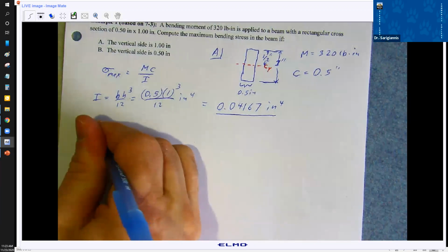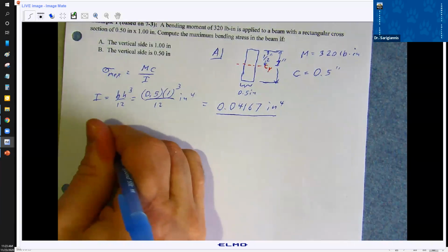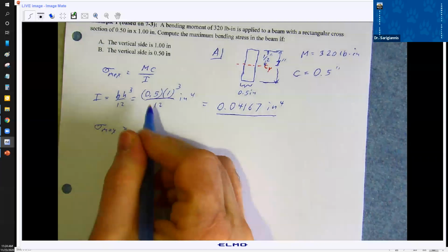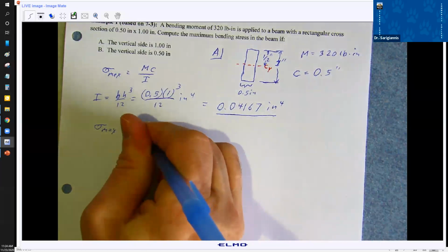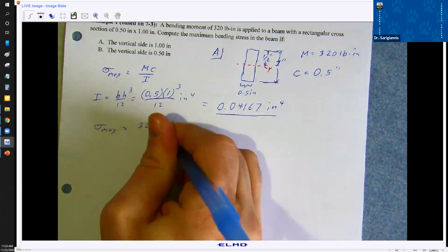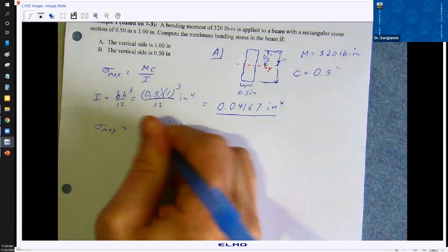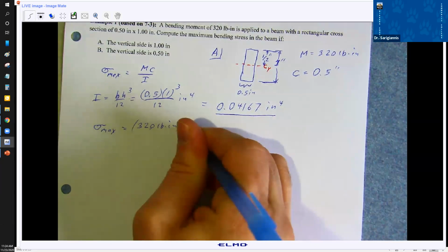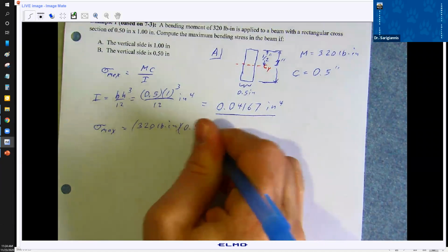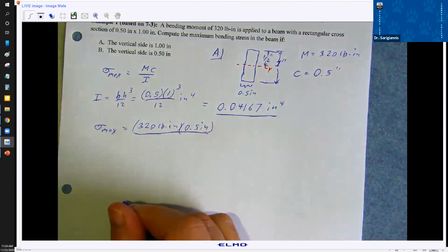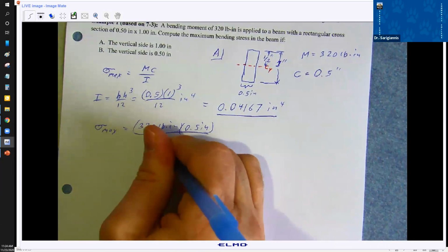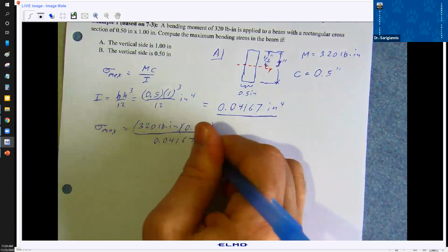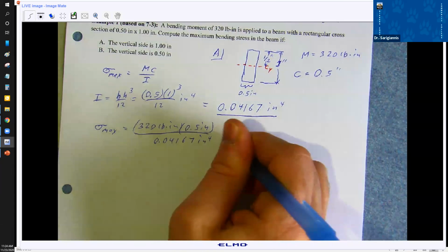So the max stress for this particular beam in this orientation is going to be 320 pound-inches times the distance c, which is 0.5 inches, divided by I, which is 0.04167 inches to the 4th.